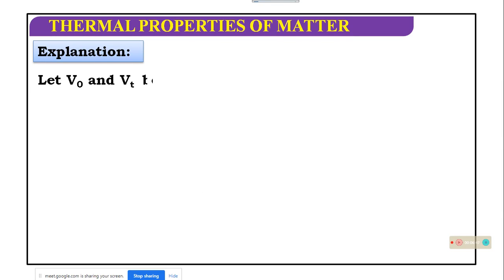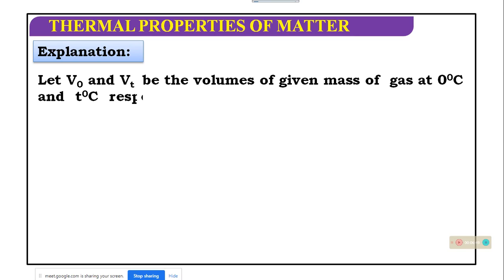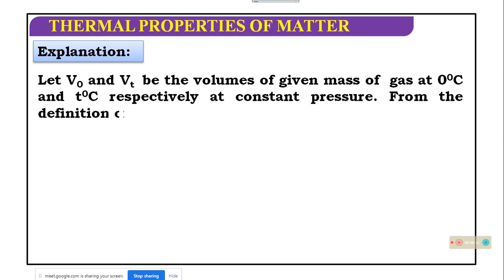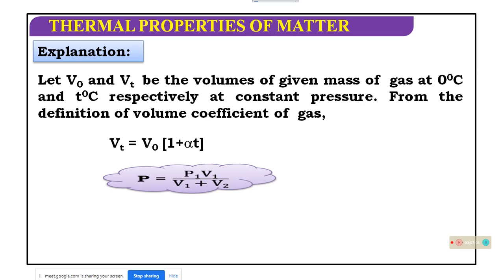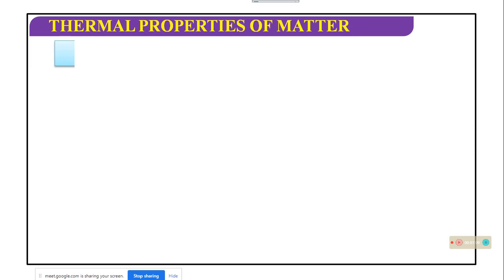Explanation: let V0 and Vt be the volume of a given mass of gas at 0 degree C and T degree C respectively at constant pressure. From the definition of volume coefficient of a gas, Vt equals V0 into 1 plus alpha T.